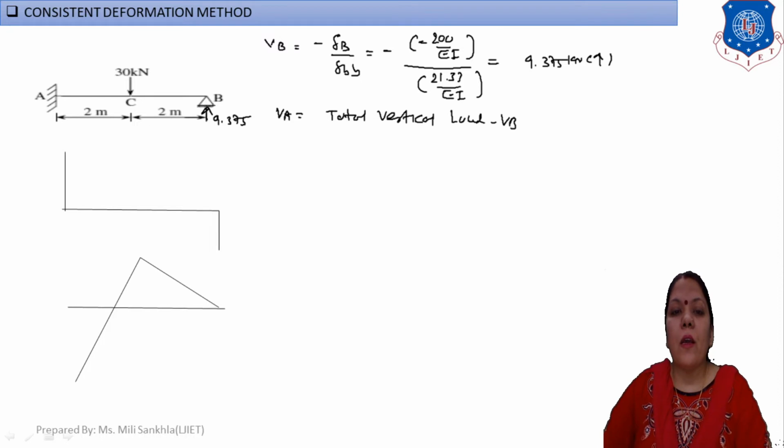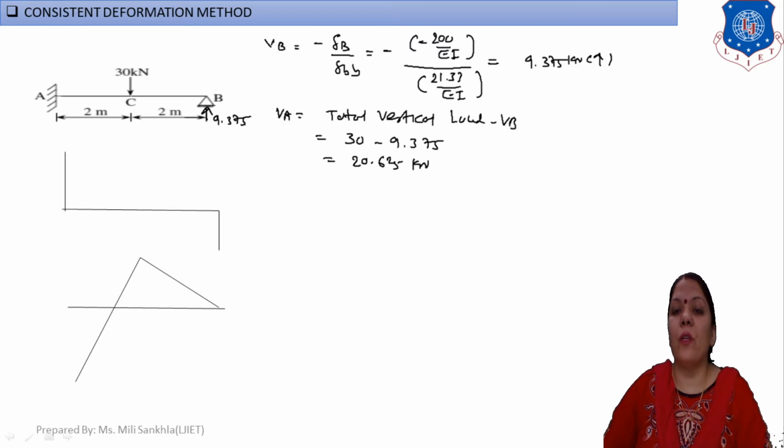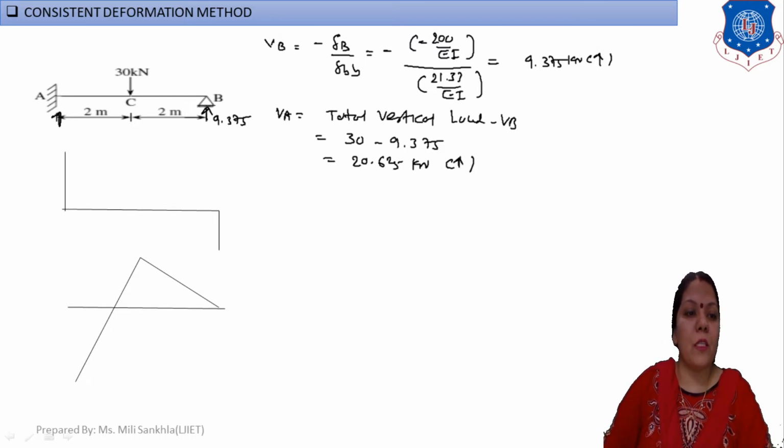The total vertical load given in the beam is 30 minus 9.375 that we recently found, and my answer of this VA is equal to 20.625 kilonewton, and that is also in up direction. So this is my second reaction, 20.625. Now we draw the SF diagram first.